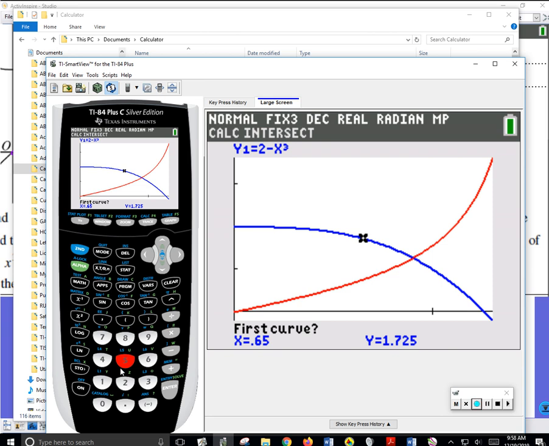That means I press enter. If my answer was no, I would use the up-down arrow to find the curve I want. But I only have 2 of them, so that's fine. Second curve, yep, that's the one I want. Guess means put the cursor near the intersection. It doesn't have to be very close, just good enough.